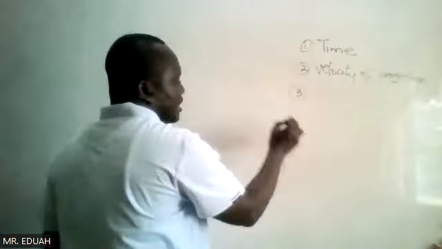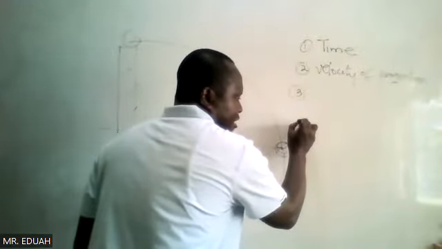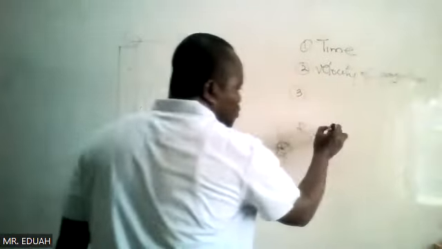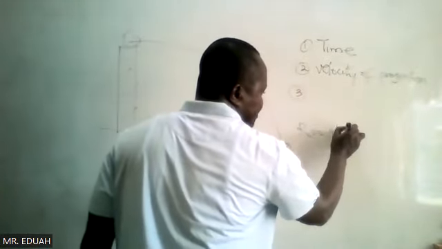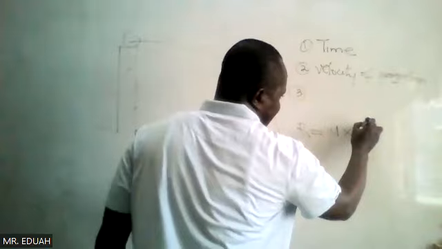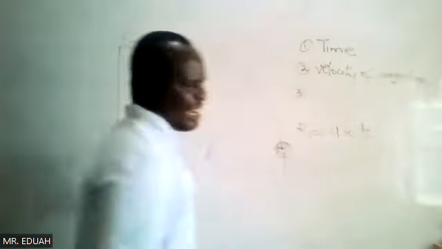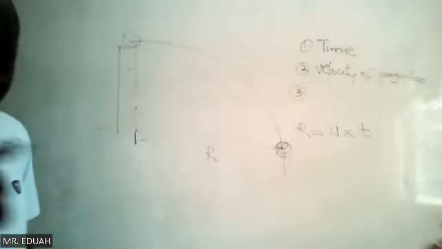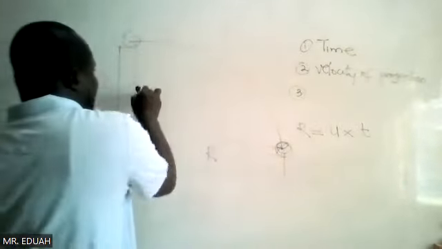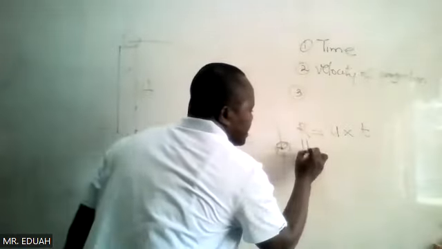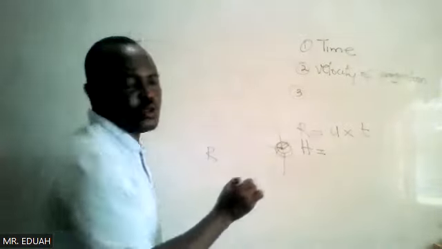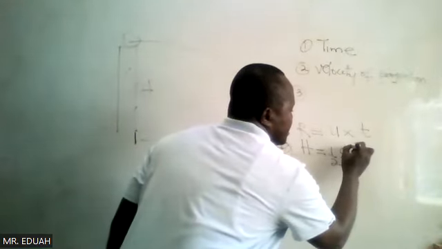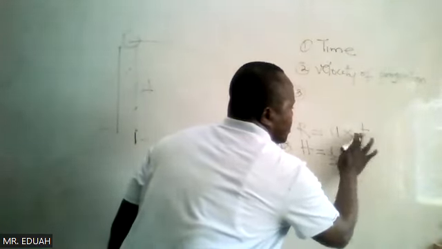This is the reason. You see, for a horizontal projection, the range is equal to U times the time of flight, or the time T. But this vertical height H is also equal to half g T squared.